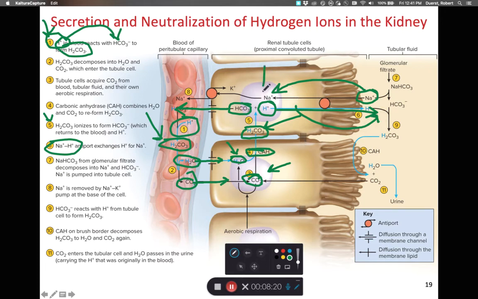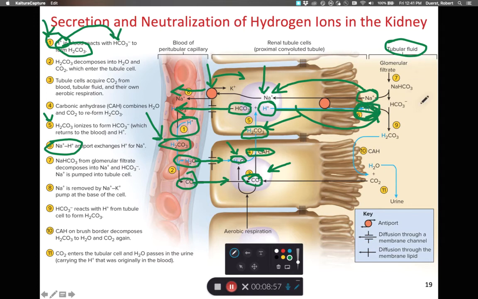To keep the concentration of sodium ions in the cell lower than the tubular fluid, we're going to have a sodium-potassium pump over here constantly burning through ATP to move potassium ions into the cell and sodium ions out of the cell. And that's where we use up a lot of our ATP that we have for our basal metabolic rate, that sodium-potassium pump right there.